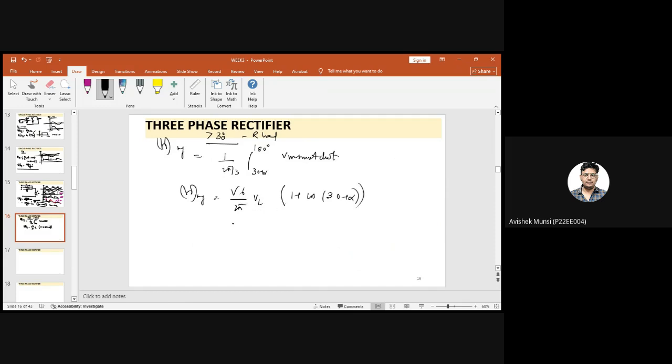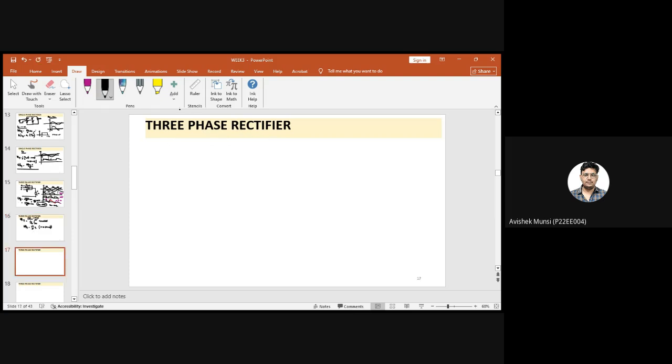Or you can replace it with root 3 by 2 pi, you can replace it with VML also. Okay. Now a similar case will happen for the full wave rectifier, where the circuit will look like this.